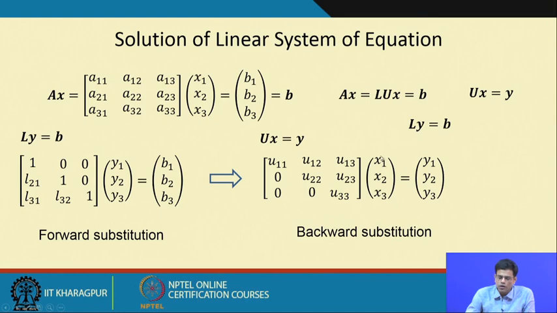Our job is to find x1, x2 and x3. Again, this is an upper triangular matrix, so we use backward substitution to find x1, x2 and x3. In this way the LU decomposition can be used to find the solution of a system of equations.